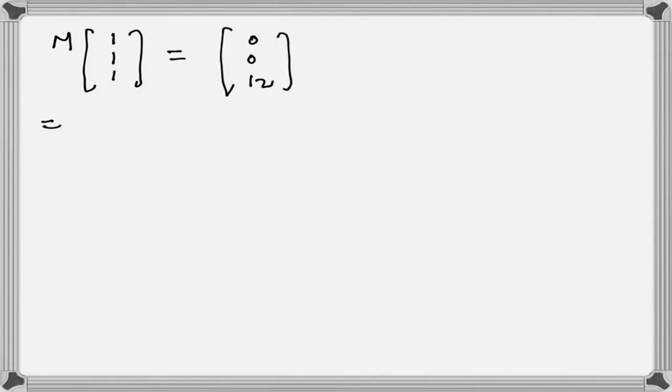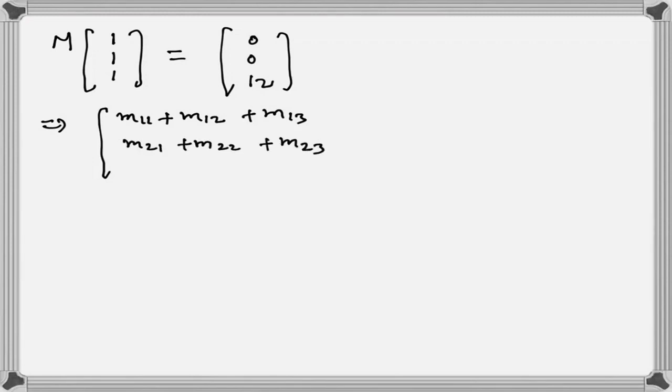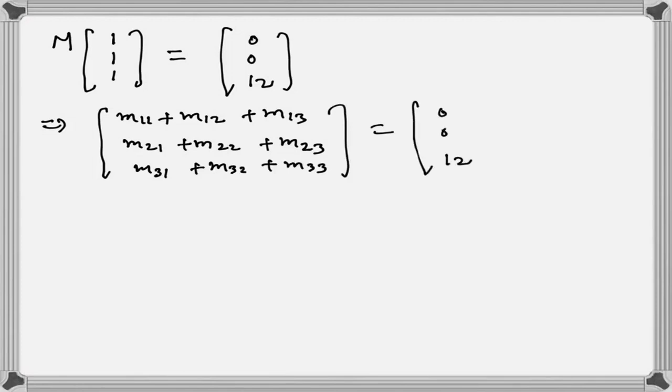So the last equation is the matrix M times (1 1 1) equals (0 0 12). This implies M11 plus M12 plus M13, M21 plus M22 plus M23, M31 plus M32 plus M33 equals 0 0 12.